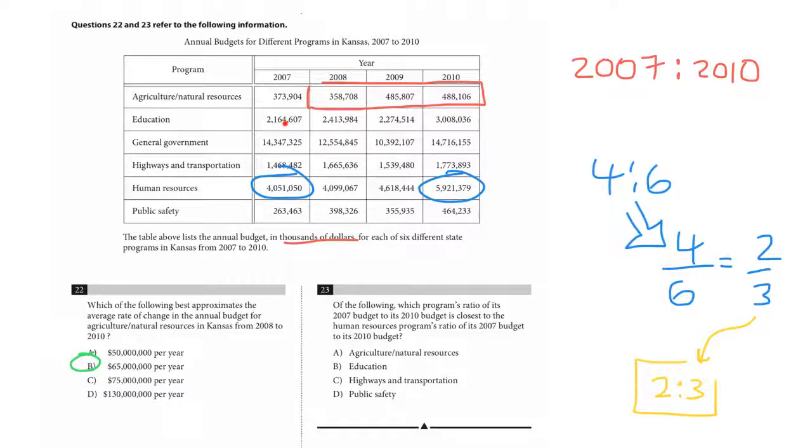Because that rounds down to 2 million, that rounds down to 3 million. Do we see any others? This is maybe about half, 1 to 2. No, this is about the same. Yeah, it's all about education. That's 2 to 3. So that is the answer. Moving on.